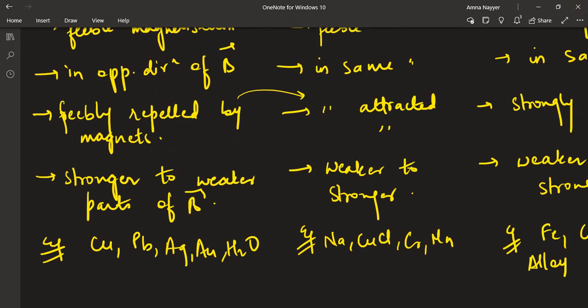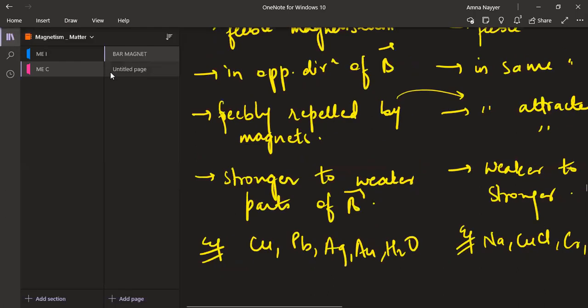Then for paramagnetic substances, aluminium, sodium, copper chloride will come here, and some at STP states, all the three are valid here also. And for the final one, ferromagnetic, you have nickel, iron, cobalt, gadolinium, and all these alloys basically. You must have heard of alnico, aluminium, nickel, cobalt together. So that is also there, alnico. That can also be categorized under ferromagnetic.